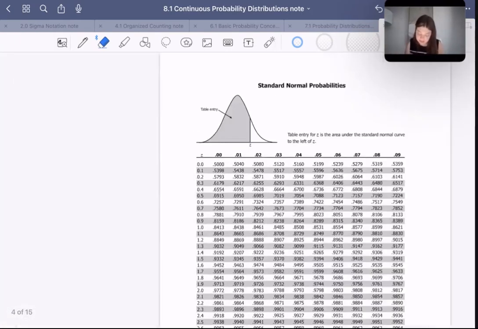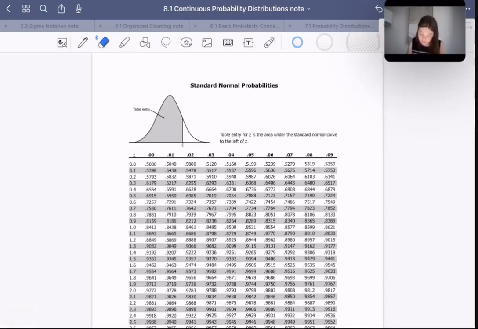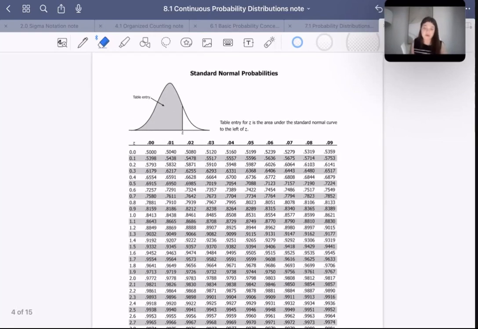Now, that might be a little bit of a tricky one because the table entry shows us everything below it, right? So, what we're actually looking for first is 95, right? We're looking for 95% for all of this. And then we're looking for 95%, which is going the other way for all of this to get 90% in the middle. So let's look for those numbers.